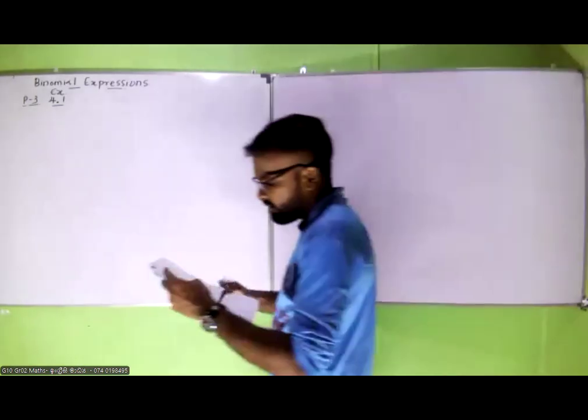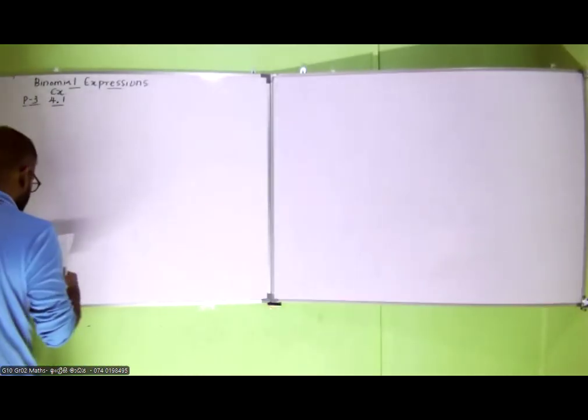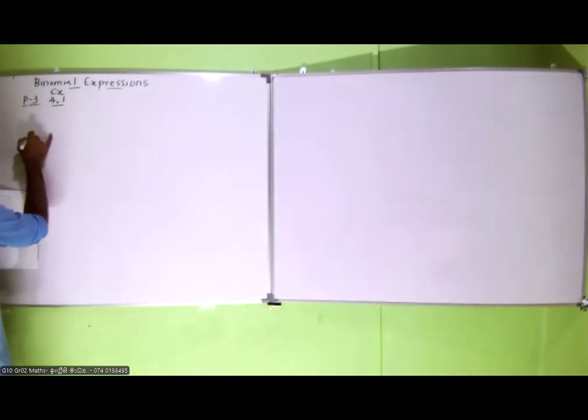This one is a very simple thing, right? No need to care much about the question. Very simple question. The thing that you have to do is just multiply these two things, right? So exercise 4.1, second question.